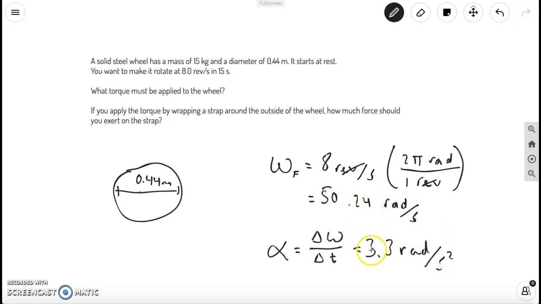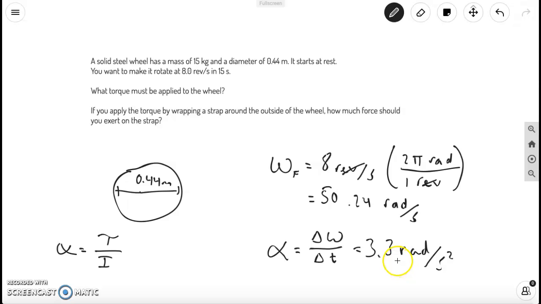So now we've found an angular acceleration, but really what we want is torque, how much torque needs to be applied. But because we've just learned about Newton's second law of rotational motion, that's pretty easy to find now that we have angular acceleration, because the angular acceleration equals the torque over the moment of inertia.